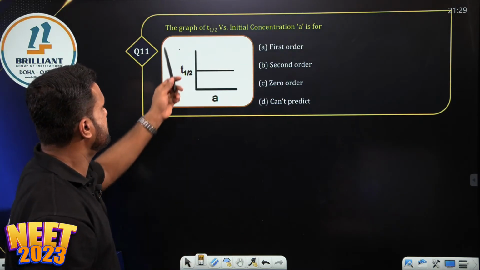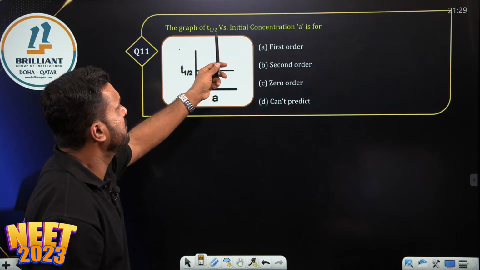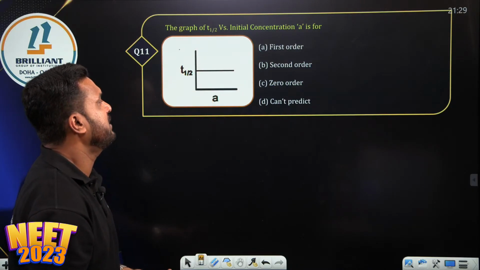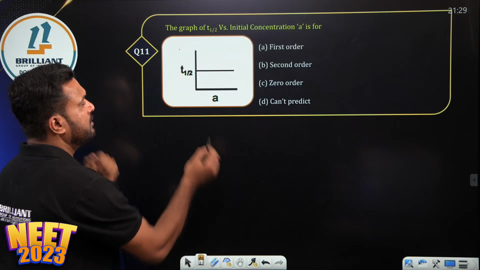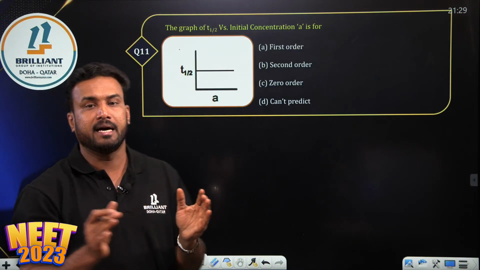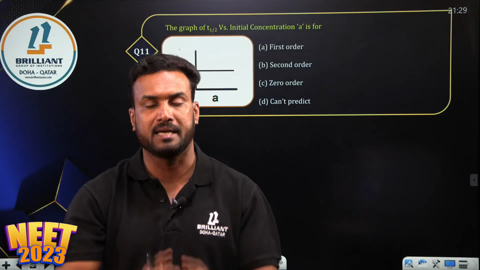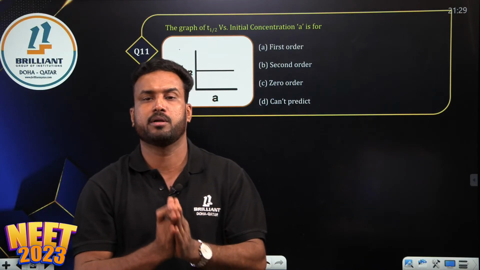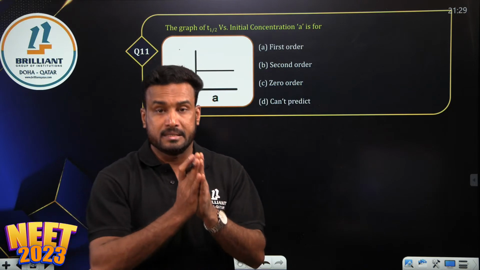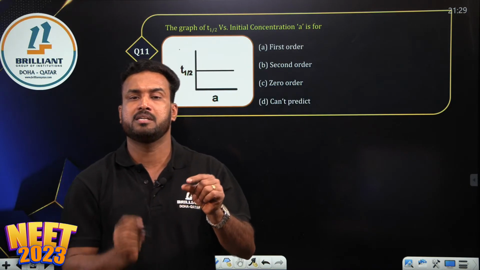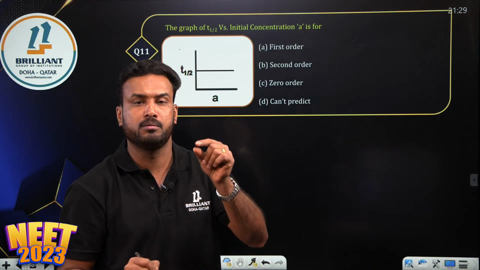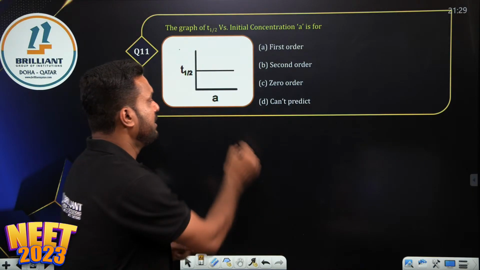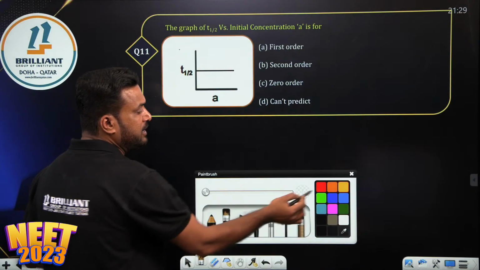The 11th one is the graph of T half versus initial concentration of A. There is a difference between the half-life period of first order and of zero order. The half-life of a zero order reaction directly depends upon the initial concentration of reactant, where A is the initial concentration.